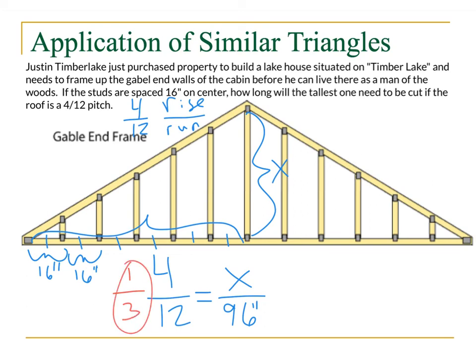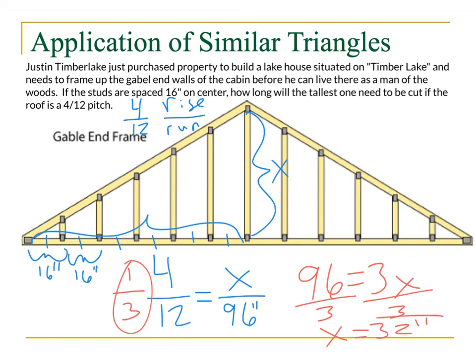That's what I could do for the 4/12ths, right? So if I simplify that, I just have 1 times 96, which is 96, equals 3 times x, which is 3x. Divide that by 3, and I'm going to get x equals 96 divided by 3, 32 inches. So I'm going to need to cut that stud at 32 inches.